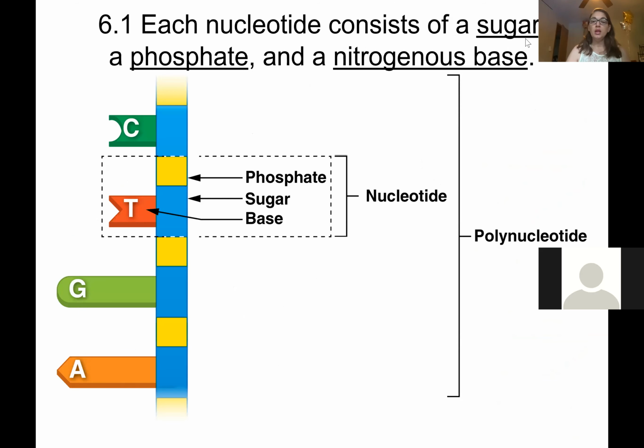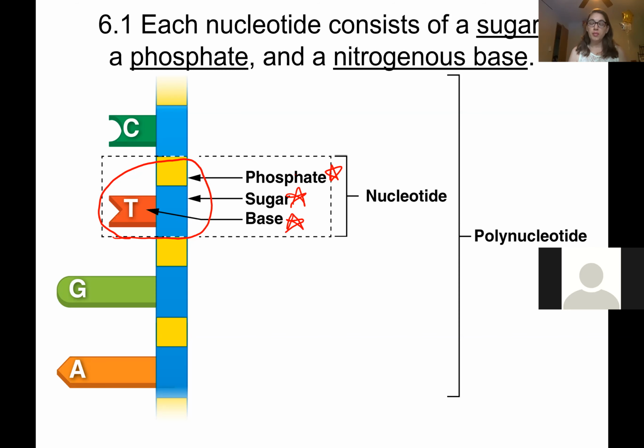If we look at this picture here, which is on page 115, it shows you what each nucleotide looks like if you split open the DNA and look at just one strand. A subunit or a nucleic acid consists of three things: a phosphate group, right here, a nitrogenous base, and a sugar.